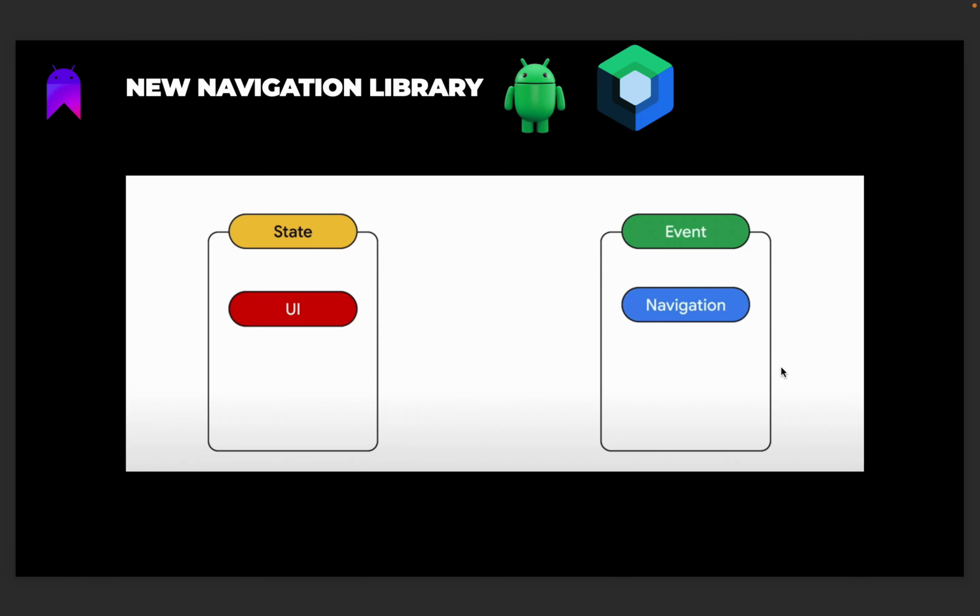Okay, we were updating the content inside the screen. But that was not a very good practice because our UI was totally based on the state, but at the same time, our navigation was not based on state. Navigation was based on events, and that was the main problem. UI is based on state, but navigation is based on events.